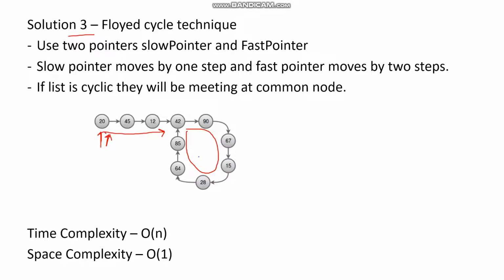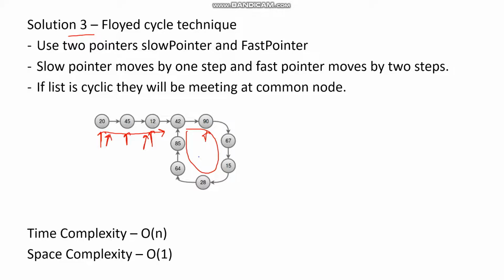As we can see in the current example, initially both pointers are pointing to the head, then our slow pointer moves one step and the fast pointer moves two steps here. Again our slow pointer moves one step and the fast pointer moves two steps here.